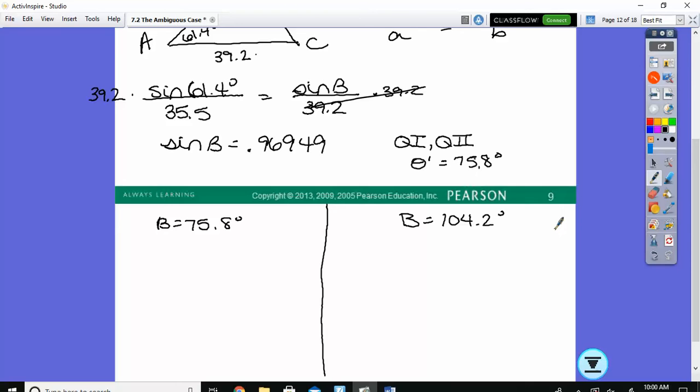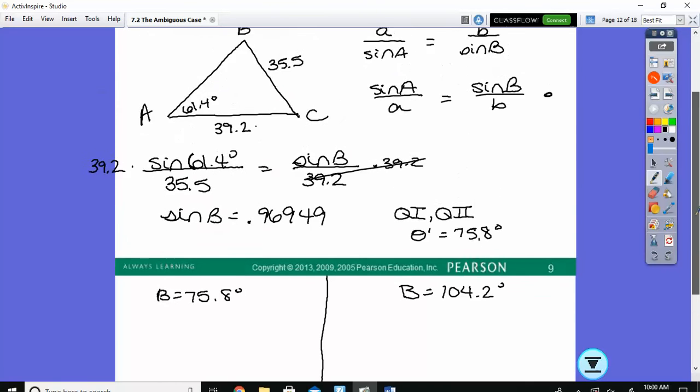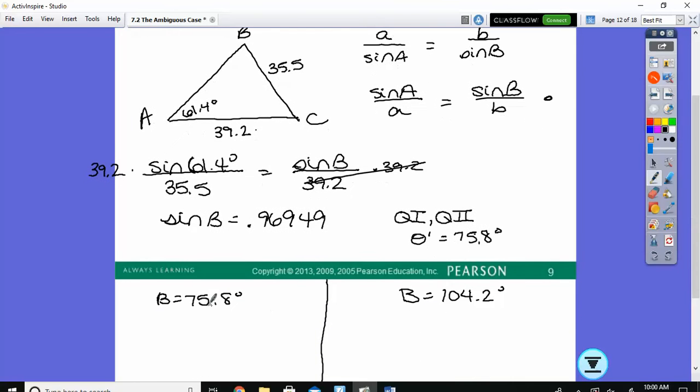Alright, if we start finding the rest of the stuff then. So I have angles A and B, so to get angle C now, you should just be able to do 180 minus each of these. We get 42.8 degrees.